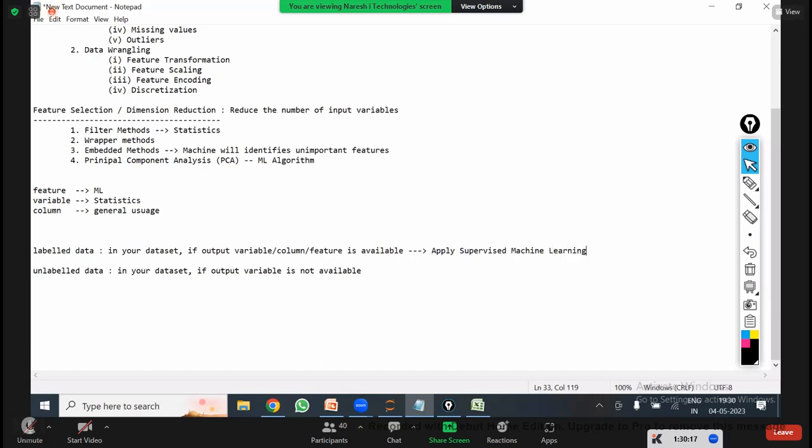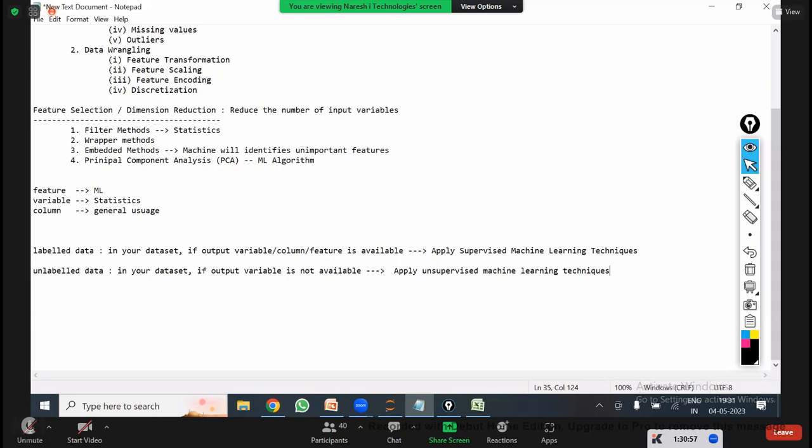For labeled data, we have to apply supervised machine learning techniques. For unlabeled data, we have to apply unsupervised machine learning techniques.